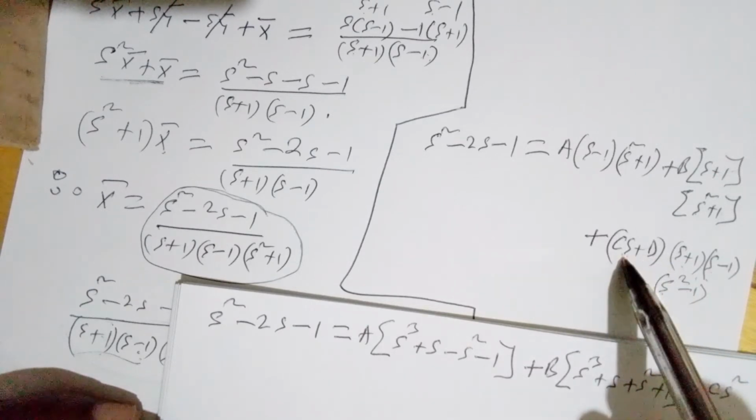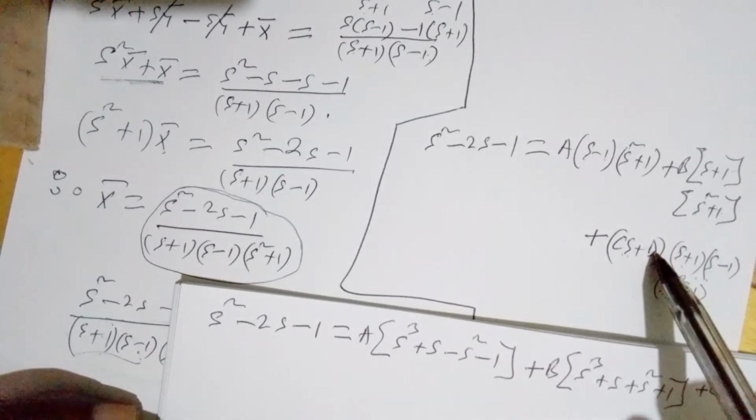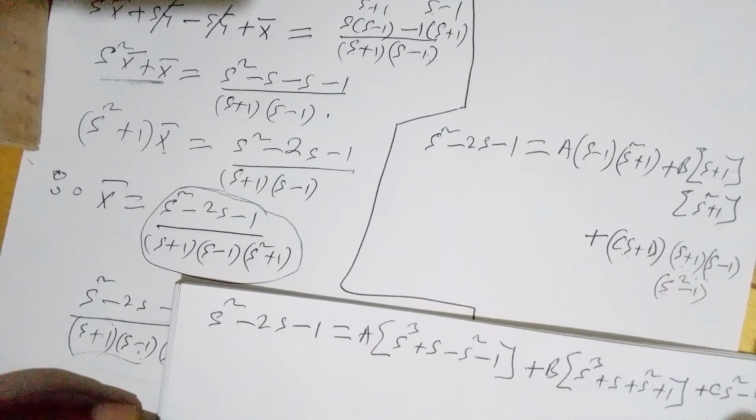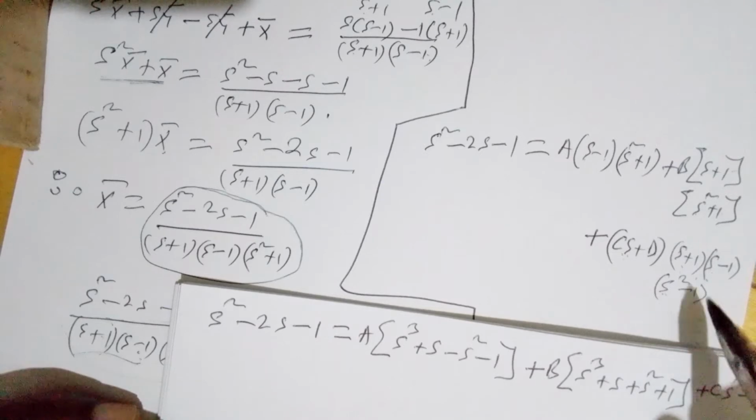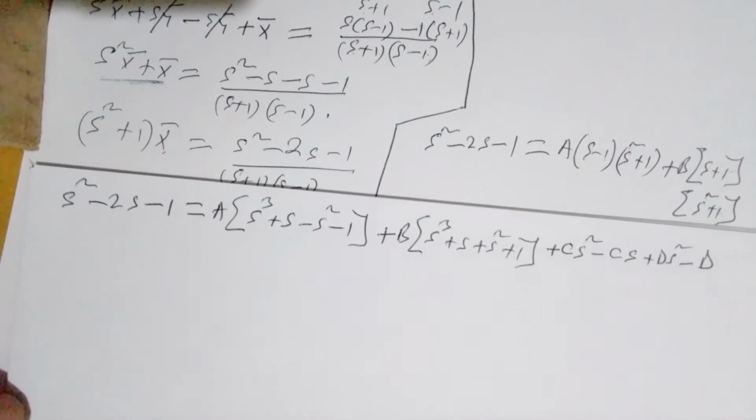Then we have Cs times negative 1, we have minus Cs. Then we have D times s squared, we have plus Ds squared. And then we have D times negative 1, we have minus D.